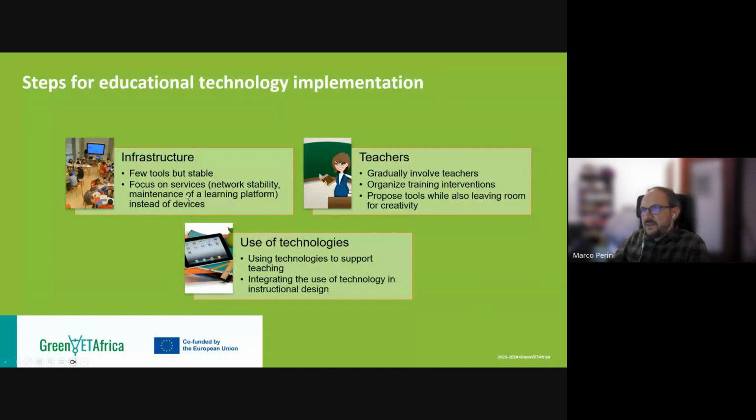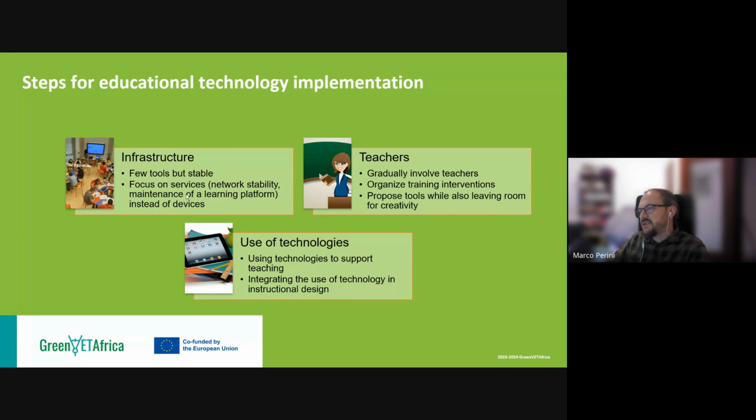So, which are the steps for an educational technology implementation? The main steps could be divided in 3 categories: infrastructure, teachers, and use of technology. As regards the infrastructures, it is good to adopt few tools but stable.